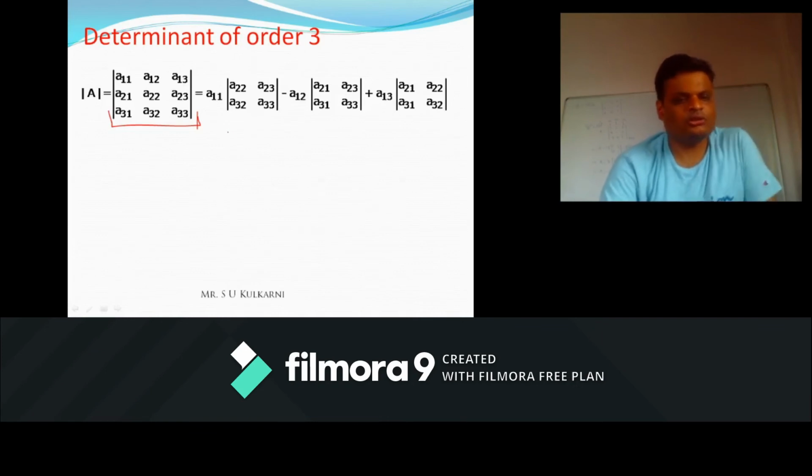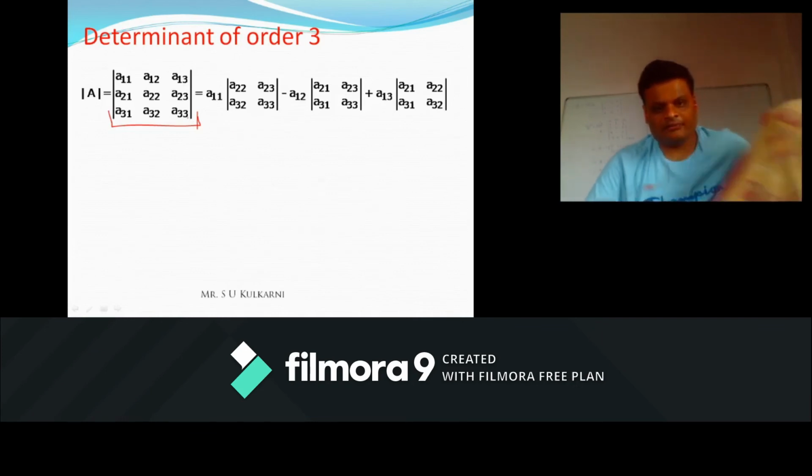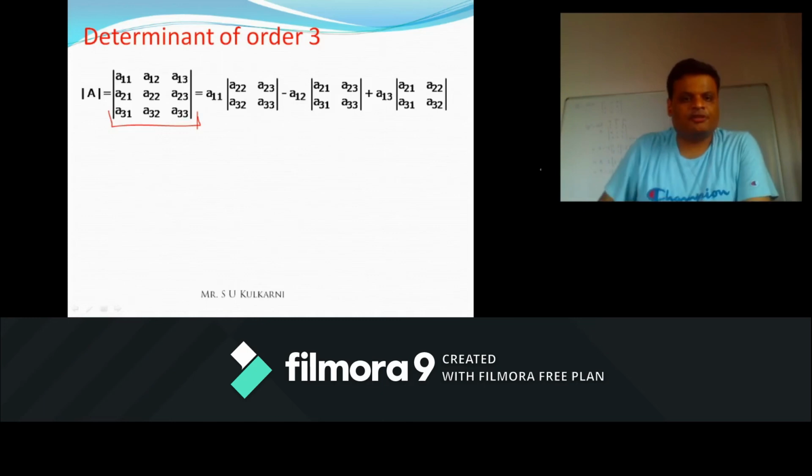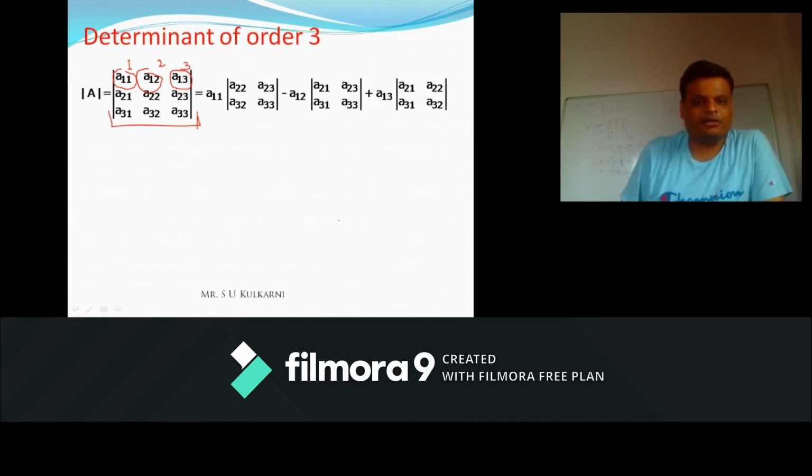So see over here, you have A11, A12, A13 as the first elements. Here you have A11 as the first element, A12 as the second element, and A13 as the third element, right? So here is the solution, that means how we can find the value of the determinant. Now keep this first element A11.